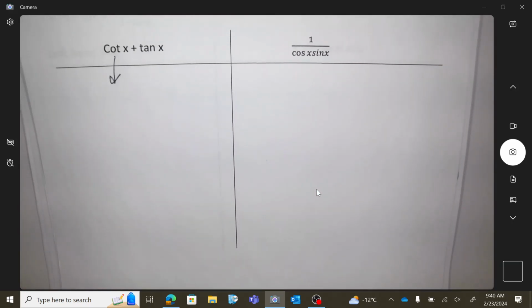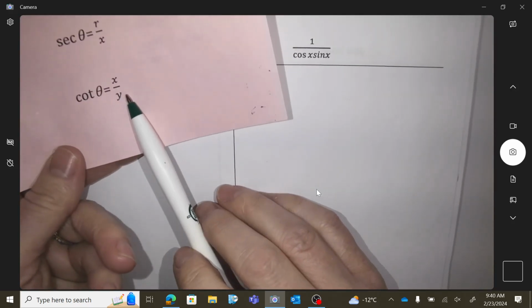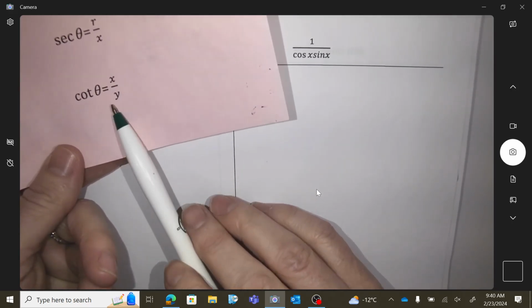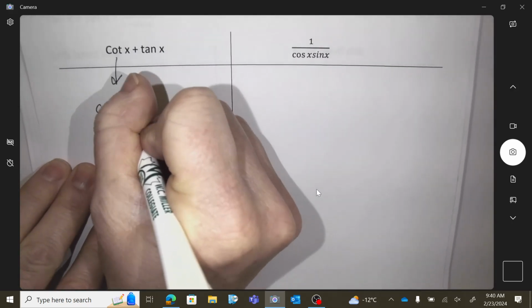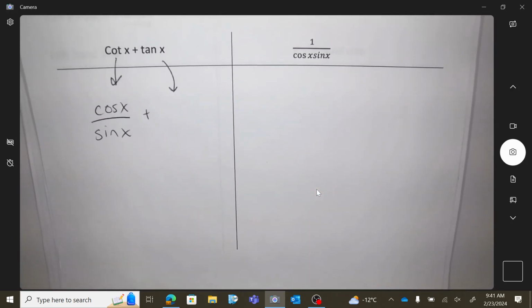So how do you write cotangent with coses and sines? So cotangent is an x over a y, so x is a cos and a sine. And what would you replace tan with?